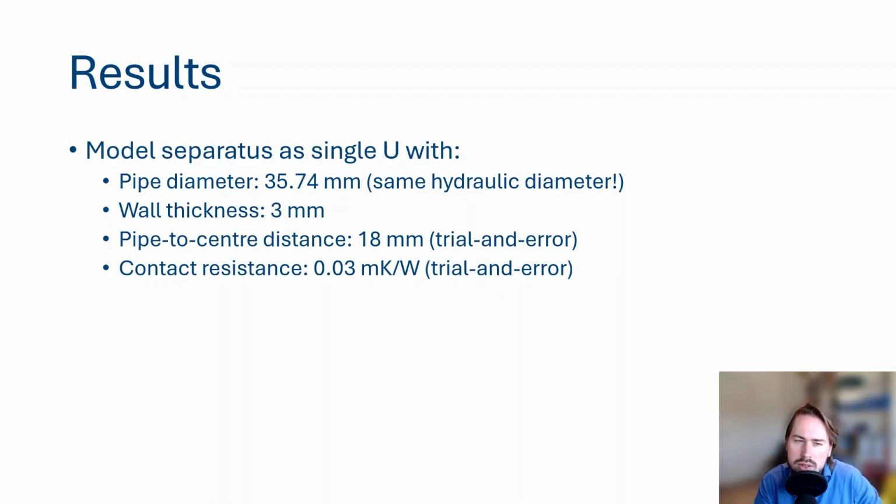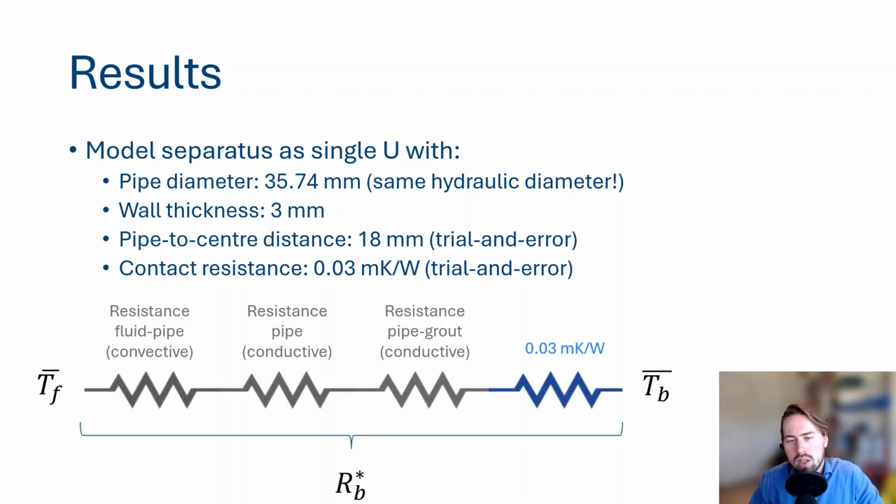Now this contact resistance, if you recall our discussion on the short-term effects. There we had a fluid pipe resistance, resistance through the pipe, and a pipe grout resistance. Well, we here added another contact resistance. And this is in order to take into account the thermal interaction between the cold and the hot leg, which are only separated by this membrane in the middle of the pipe.